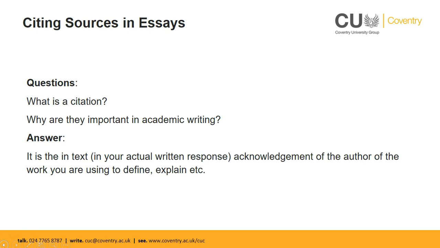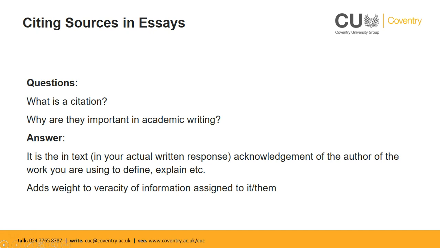When we say in text, we mean in your actual written response, in the essay, in the report, and so on. So why are they important? Well, they add weight to the veracity of information that you assign to them. If you have a definition that you assign to a cited author, it adds academic strength to it, so your reader will think that definition is from a good source and thus can be believed and accepted.